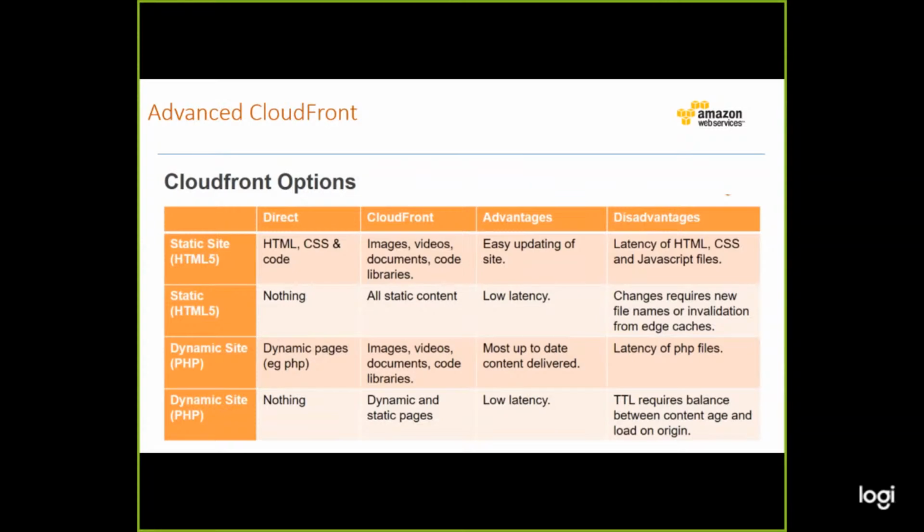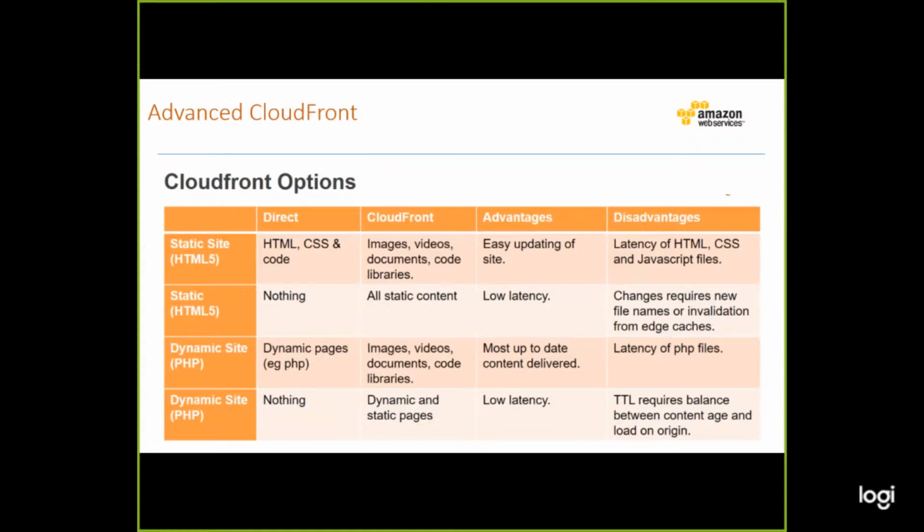So let's start with the first one. If you're using an HTML file as a static website and you direct your users with HTML or CSS file code, then you're going to have the images, video, and documents on the origin server. The advantage of that, if you decide to use it, is that it's going to be easy.